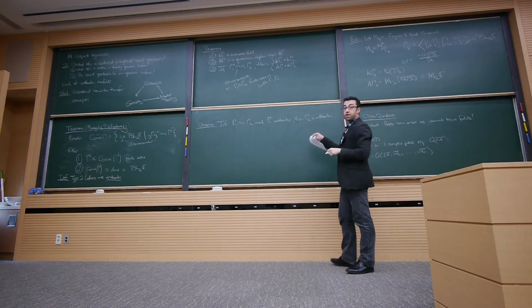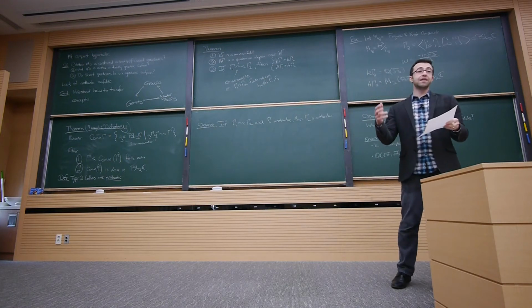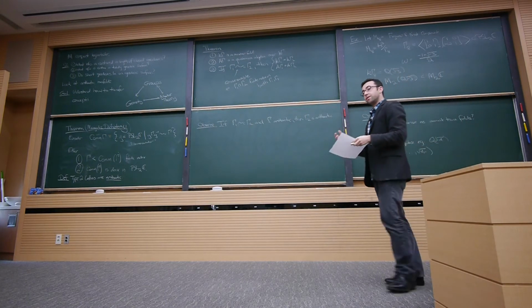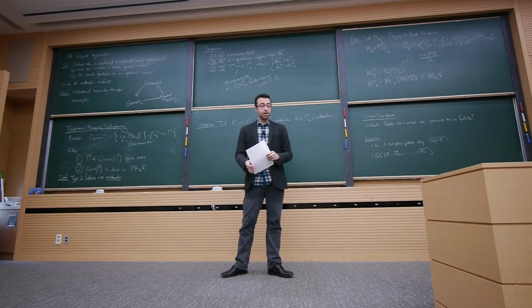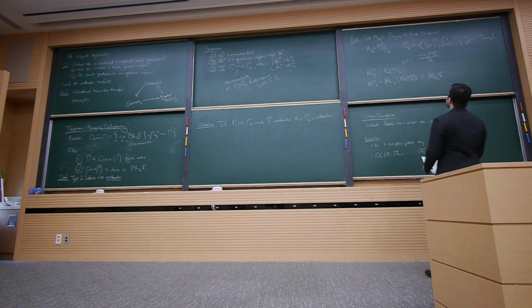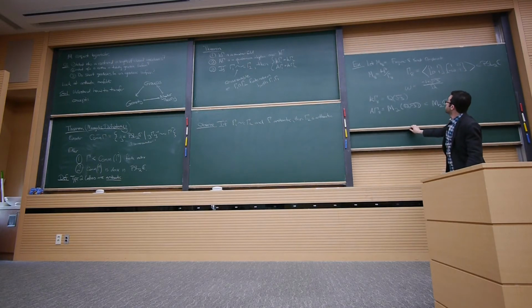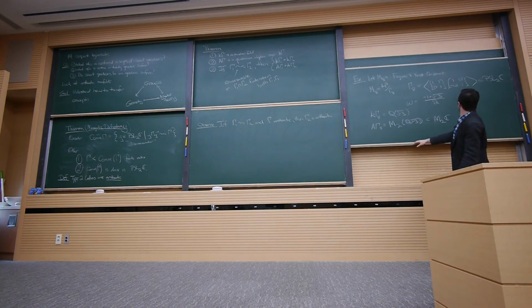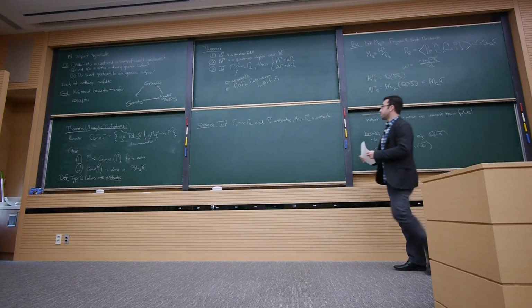So it being arithmetic is an invariant of commensurability. Finite index subgroups are commensurable, and so finite index subgroups are arithmetic. So, for example, this guy here is going to be arithmetic.